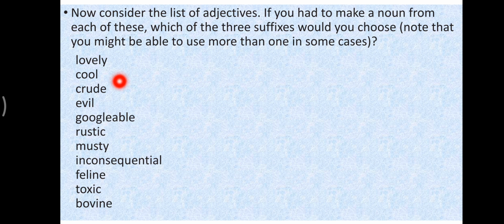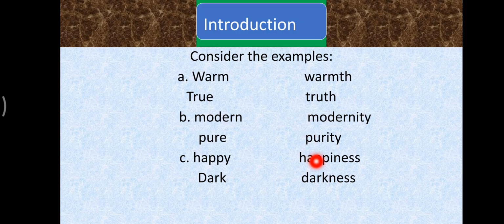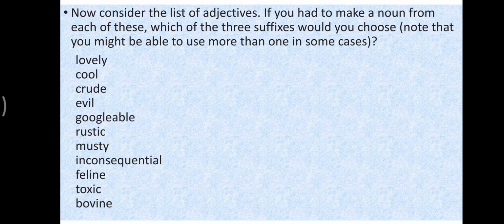So it means that the morpheme ness and the morpheme ty, the suffix ty or the suffix ness, are productive because we can use them with all of them.